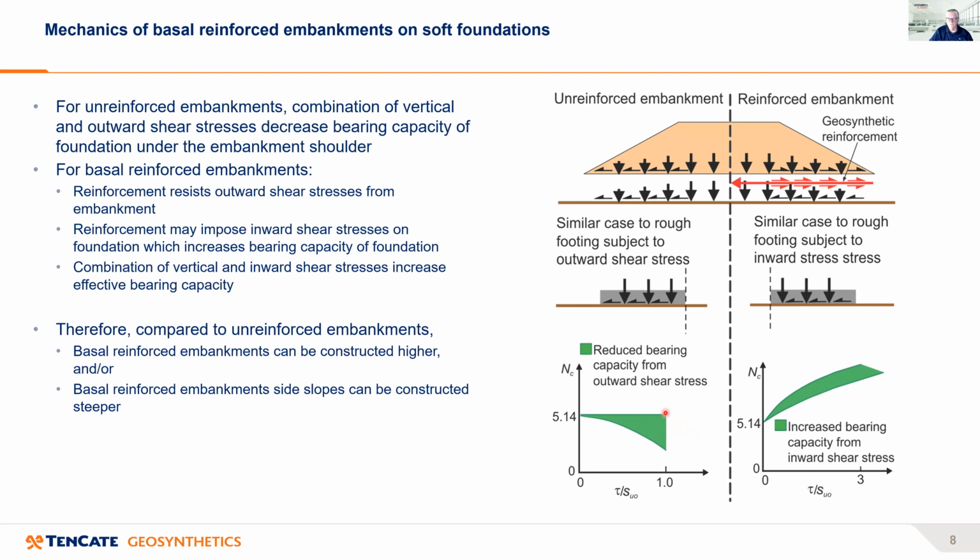This difference in effective bearing capacity is normally equated in practical terms to basal reinforced embankments being constructed higher than unreinforced embankments, or their side slopes being constructed steeper. And this is where the benefits and advantages of basal reinforced embankments over unreinforced embankments are normally determined and calculated.